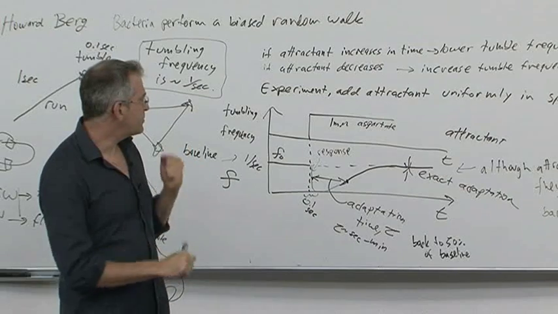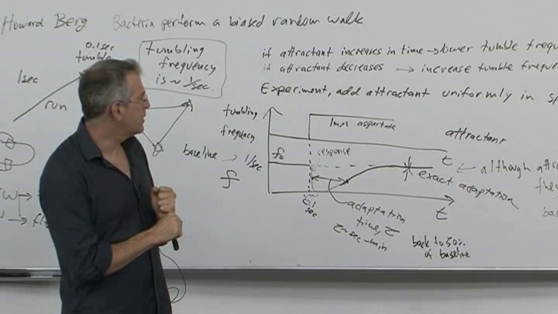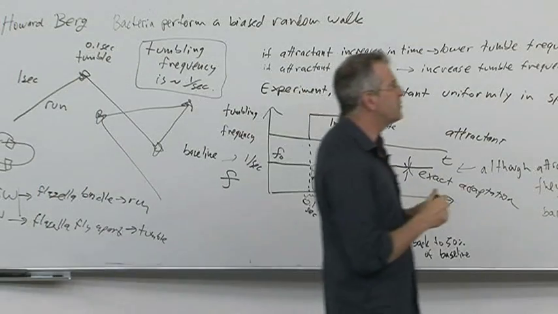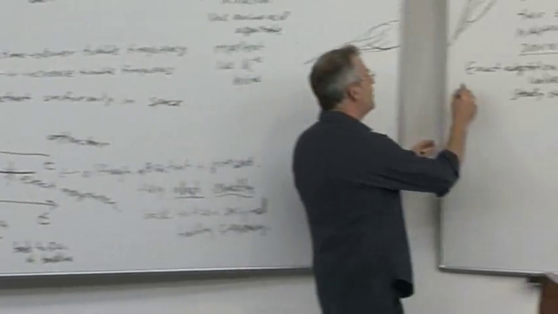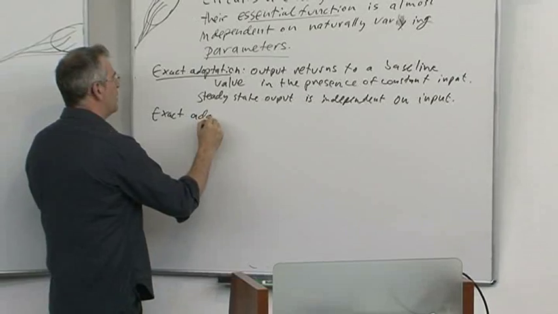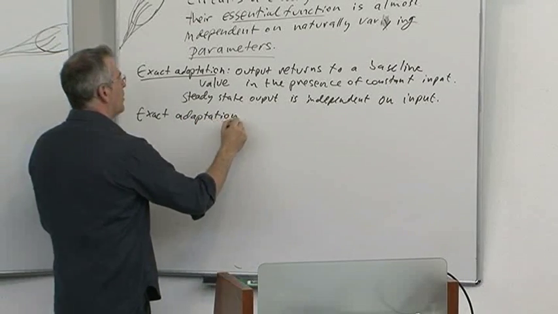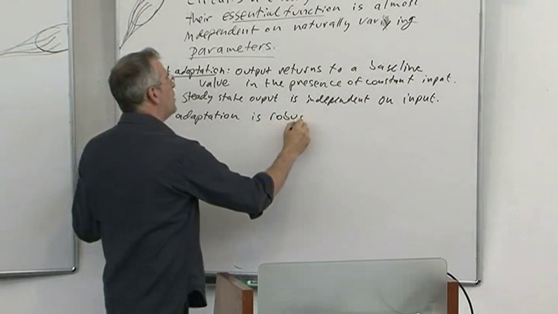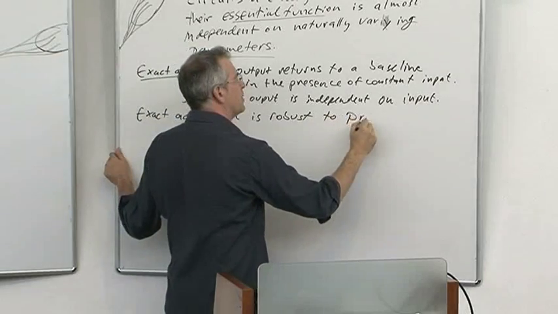And the bottom line is going to be that this property of the exact adaptation will be robust to all the protein levels in the circuit.